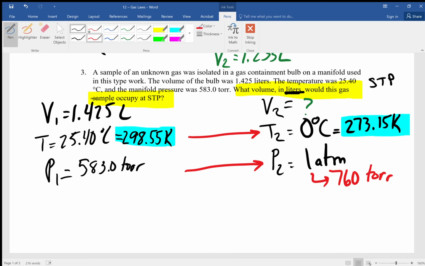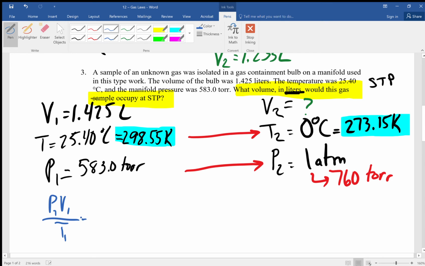So if we do our calculation correctly, and we're going to use our combined gas law here, P1V1 over T1 equals P2V2 over T2. While we don't know what V2 is, we know it's going to decrease. And so if we get an answer that's higher than 1.425 liters, then we've done something wrong.